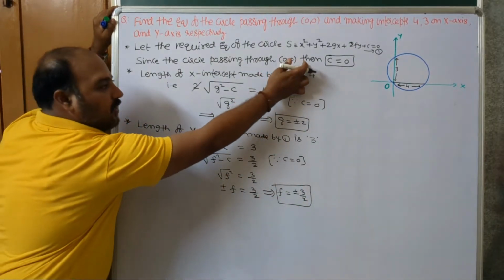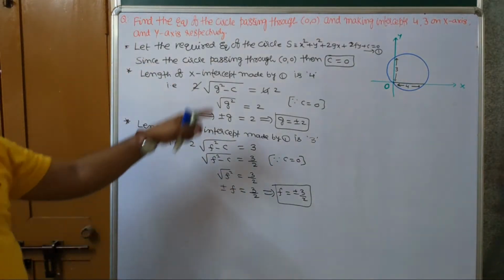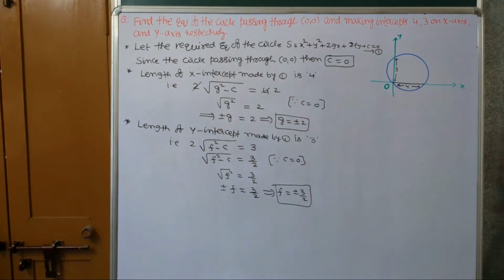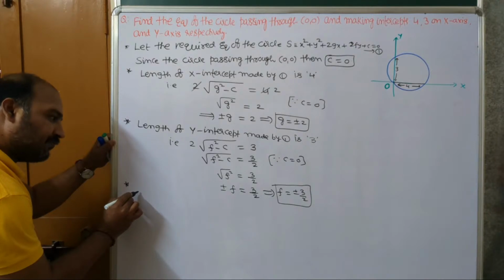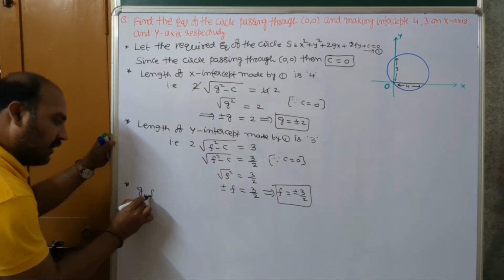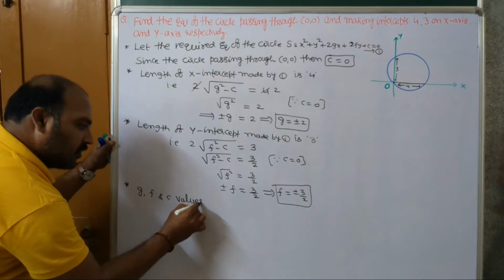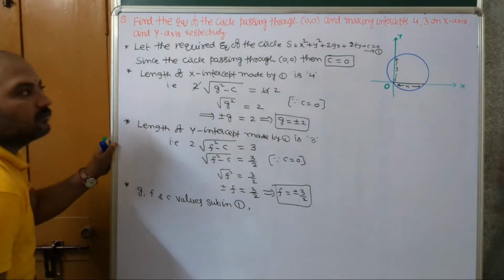So we got the c value, g value and f value. These 3 values we substitute in equation 1. Last step, g, f and c values substitute in equation 1.